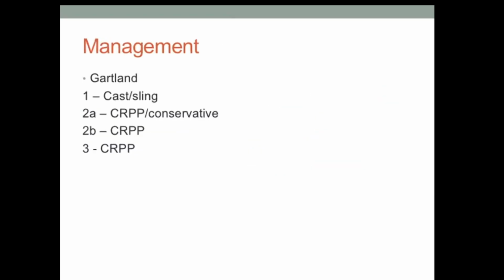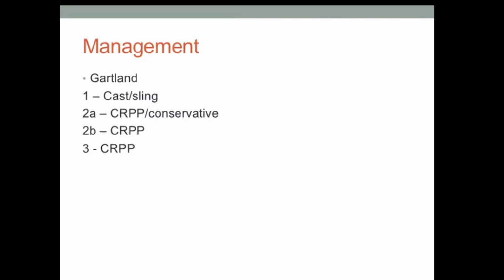Now, the management of supracondylar fractures boils down to two things really, both a combination of the Gartland classification and the neurovascular assessment. So the Gartland classification lets you know whether this is something that needs conservative management or something that may need to go to theatre for closed reduction percutaneous pinning.